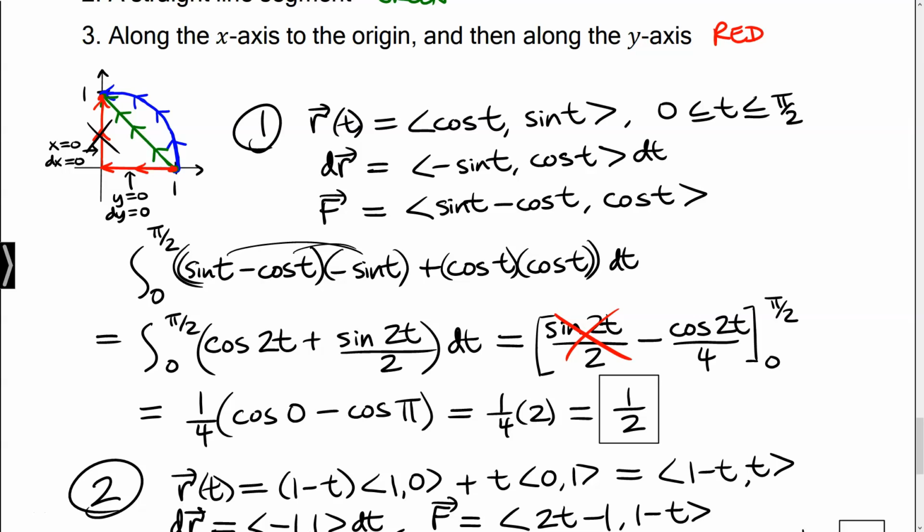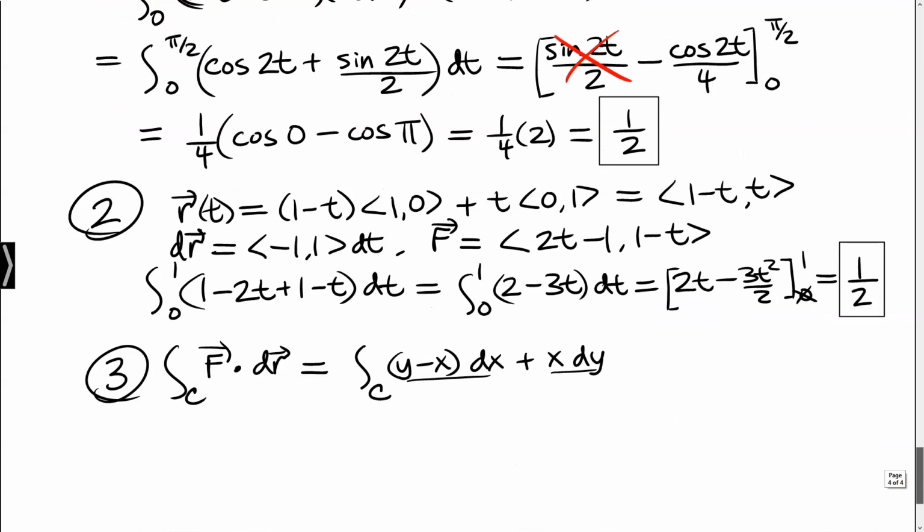We're going to be integrating 0. Really, all we have to do is just integrate along the first one where y is equal to 0 and dy is equal to 0. So going back here, if y is 0, we're integrating minus x dx, and then dy is 0, so the second term also goes away. So we're just integrating minus x dx.